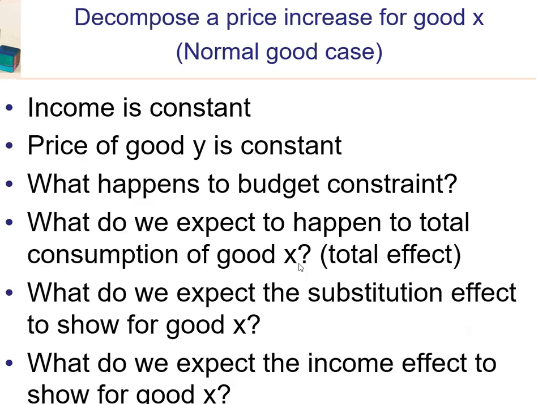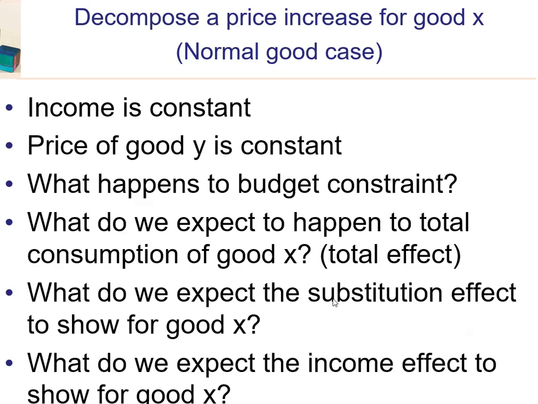Recall and look at the previous video, an overview of decomposing a price change, where we discussed both substitution effects and income effects. A substitution effect, what is it? This simply says consumers swap out between good X and good Y, and in this case good Y didn't change in price, but good X did. Good X became more expensive.